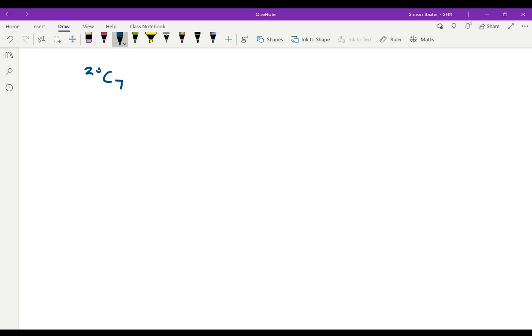So if I want 20C7, then I enter 20, I press Shift, I press divides, then 7, equals, 77520, which of course is rather better than trying to do it all with pencil and paper.